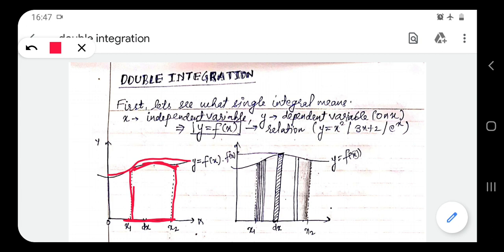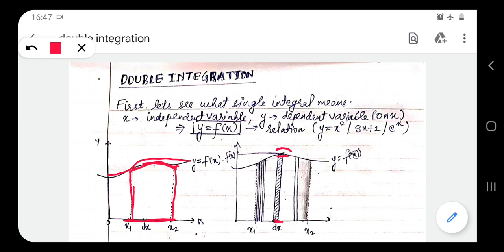Then what I have done is I have considered a strip parallel to the y-axis with very small width along the x-axis. This dx is the width of that strip, which is very small, and the shape of this strip is rectangular because on the top it is somewhat curved, but for very small width this curved surface will appear like a straight line.